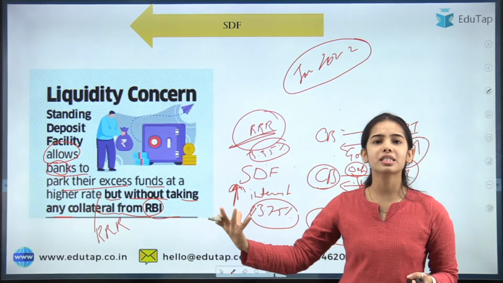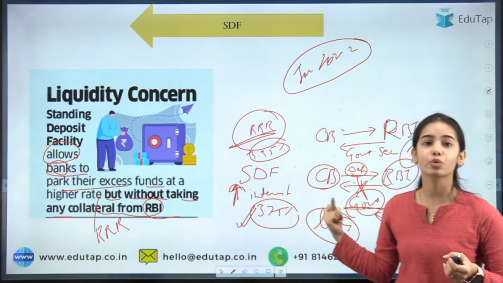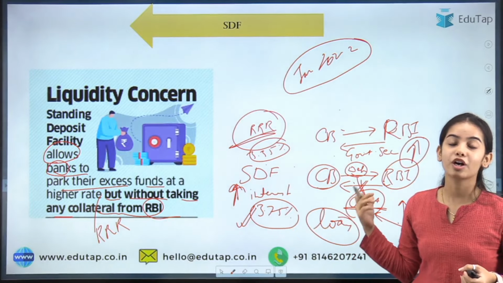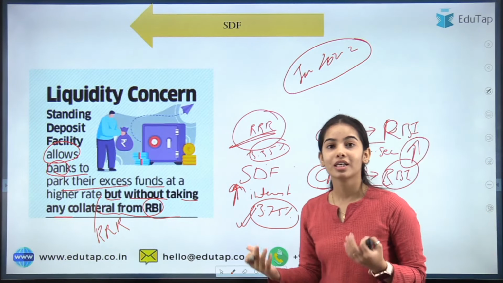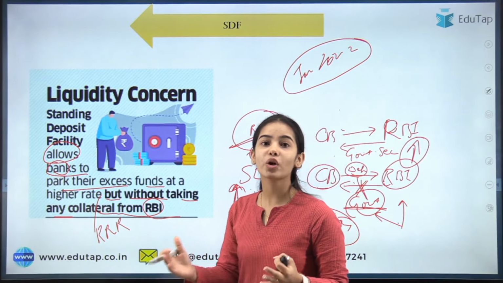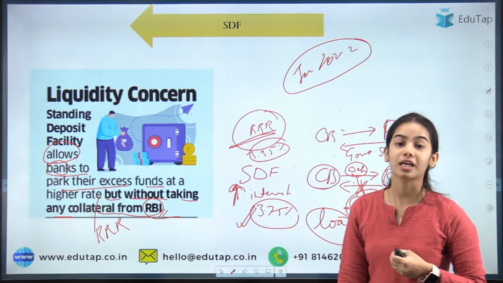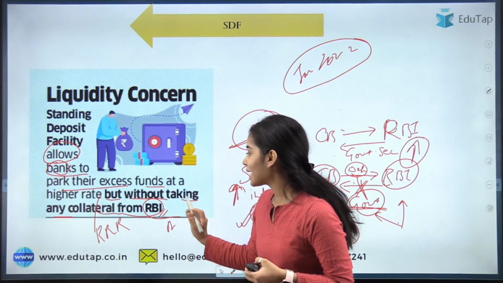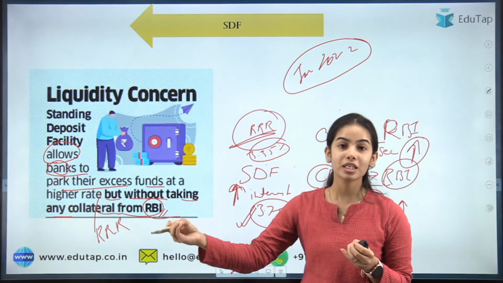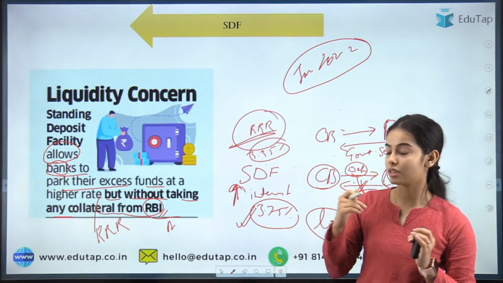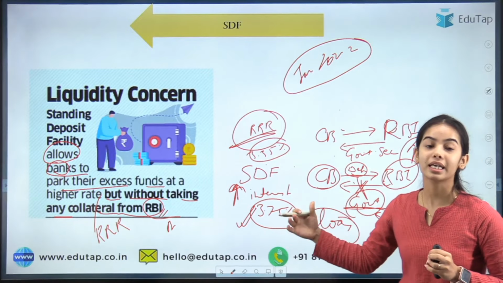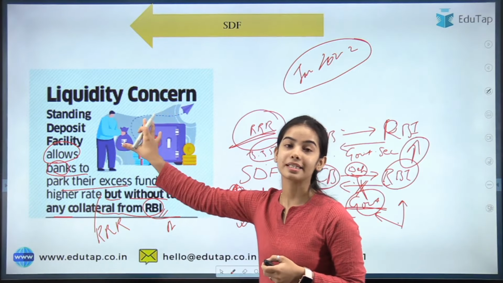They already trust the Reserve Bank of India so much that they do not need the collateral. Government securities are just a collateral to build trust, but they are not needed when we are talking about the Reserve Bank of India, such a trustworthy organization in our country. So the banks can easily deposit without taking government securities at a higher interest rate. So this is the SDF.